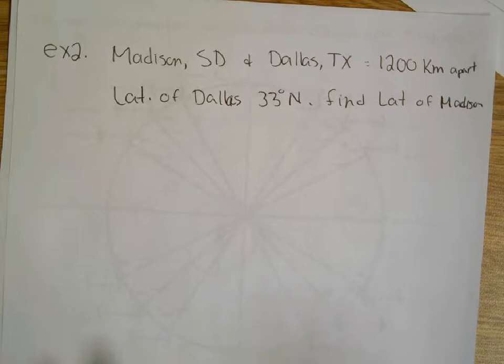Okay, it's very much like the problem we just got done doing, except this time they're giving me the arc length. We're going to have to work backwards to find the angle of our pie piece and then turn that angle back into a latitude. So if you draw a picture, this isn't too challenging.